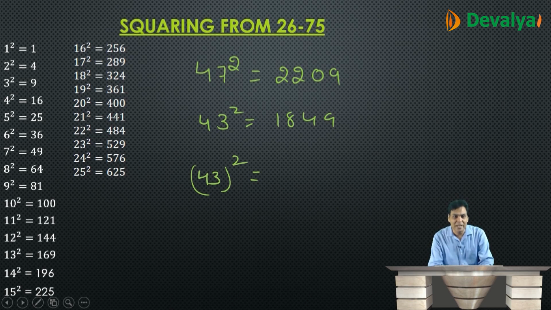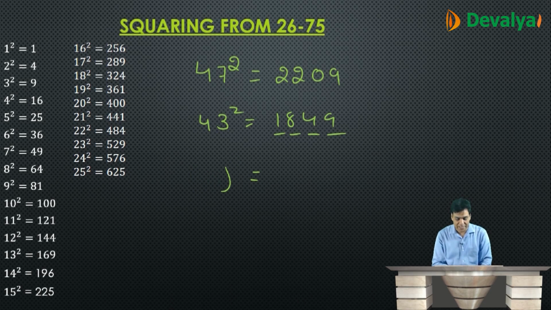I subtracted 43 from the base, that is 50. It is negative 7. After that, I subtract negative 7 from 25. It would be 18. So I got my first two digits. Since the difference is 7, I write the square of 7 here. It becomes 49. Is it okay?